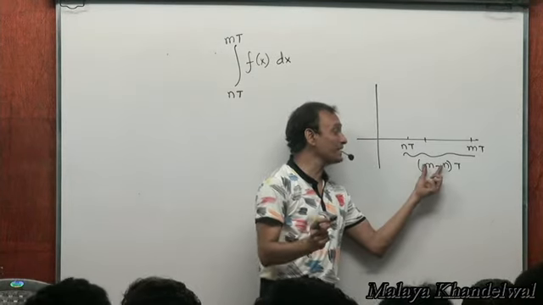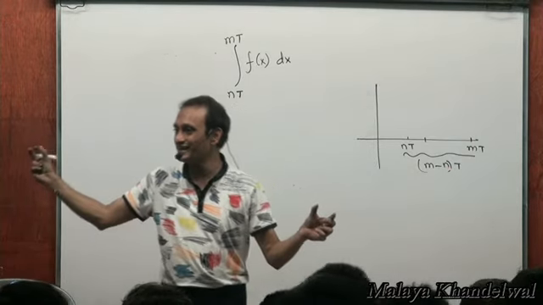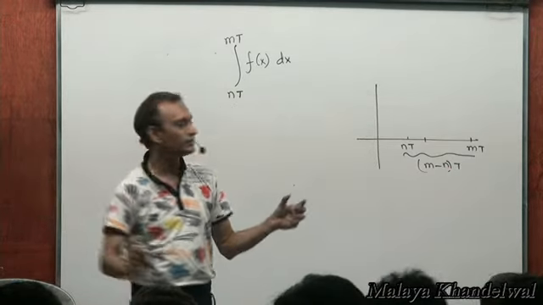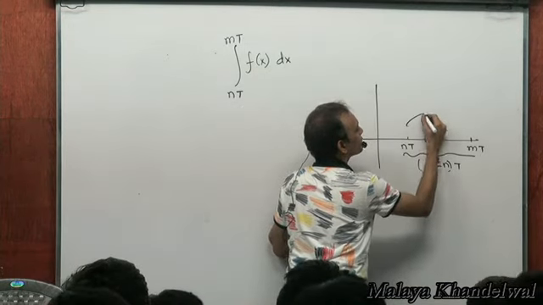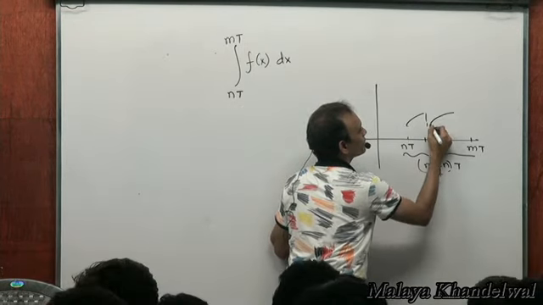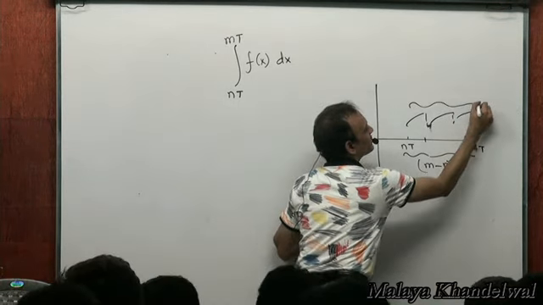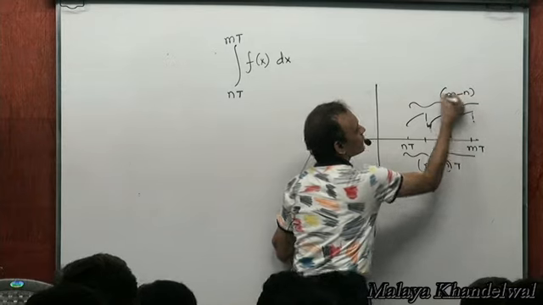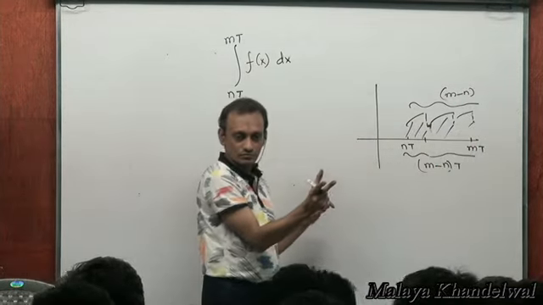There are m minus n units, each of length t. So, one unit of length t, another unit of length t, and how many such units? M minus n such identical units of length t.